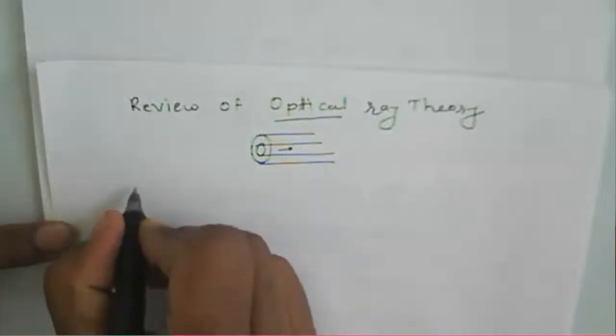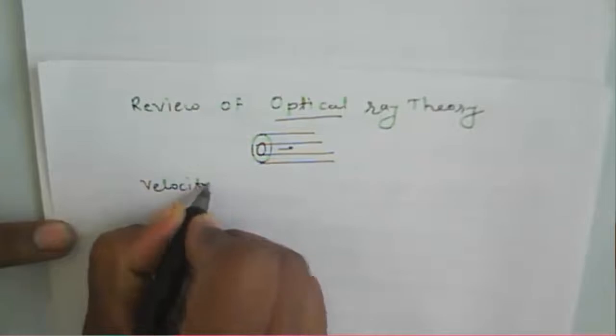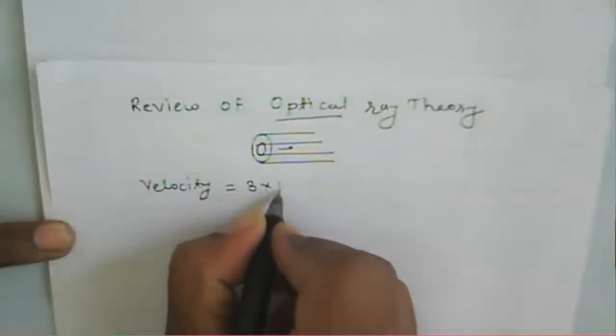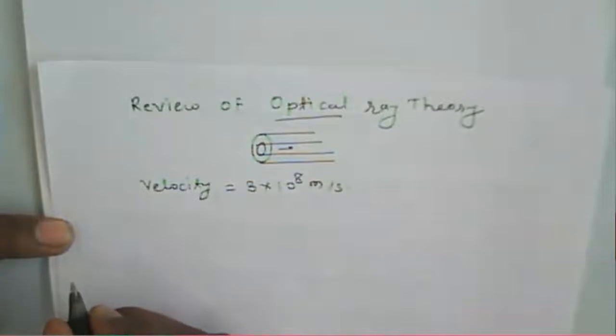Generally we say that light waves have a velocity of 3 into 10 power 8.